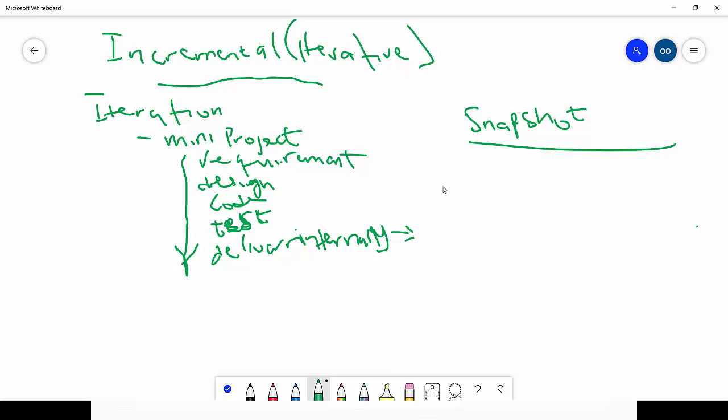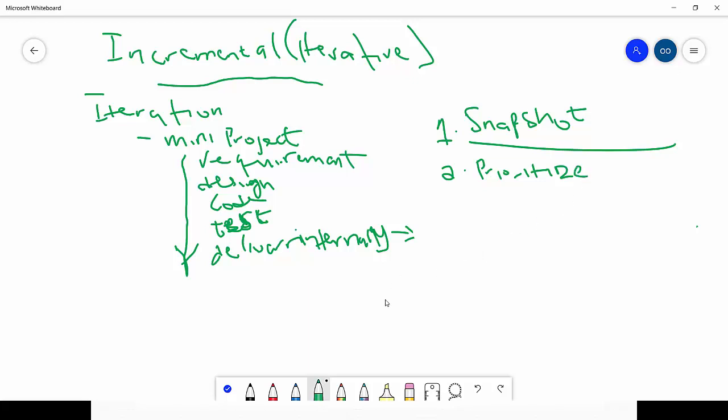But even at that, you take the requirements that you know. Then you prioritize these requirements. So the first thing is you take a snapshot of the requirements early on in the process. The second thing is you prioritize the requirements.